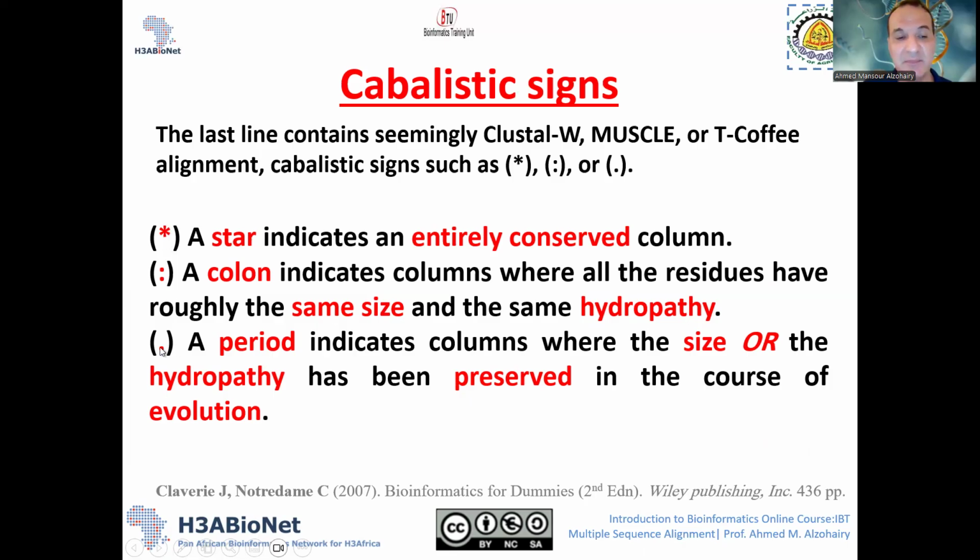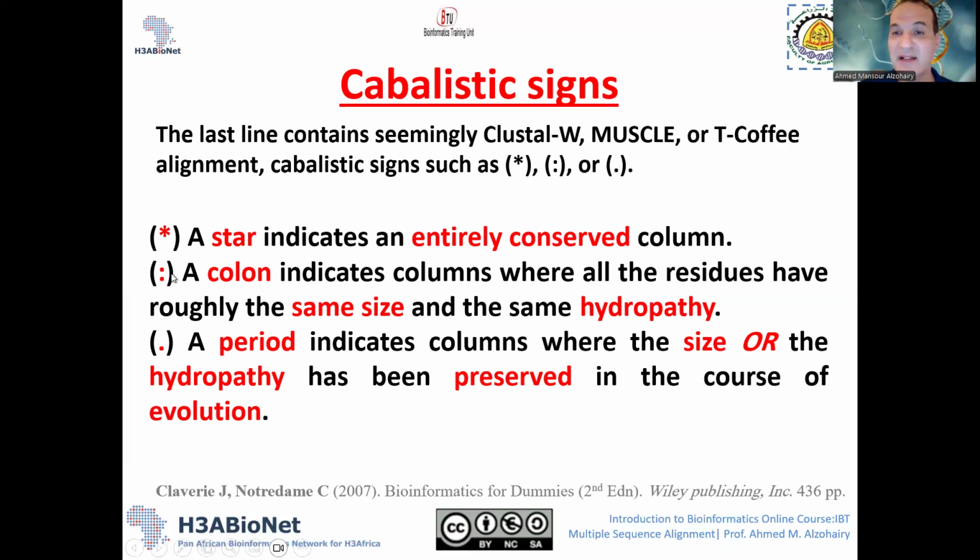So if you see a period under your column, this means that the size or the hydrophobicity of the amino acids in that column is similar, and preserved in the course of evolution. So these three signs are very important. The first is the star, which indicates identity: the amino acids in that column are identical.